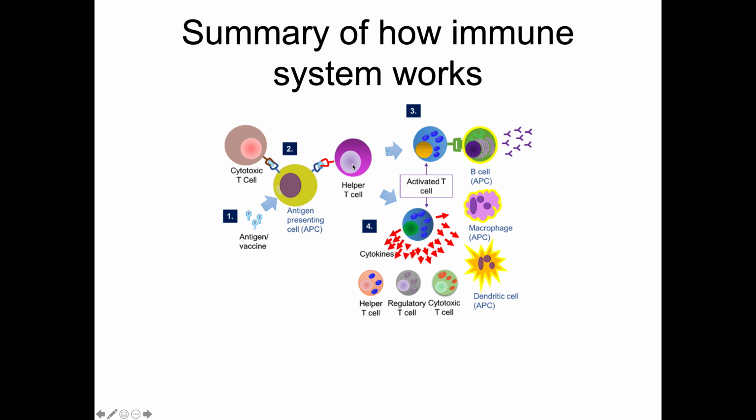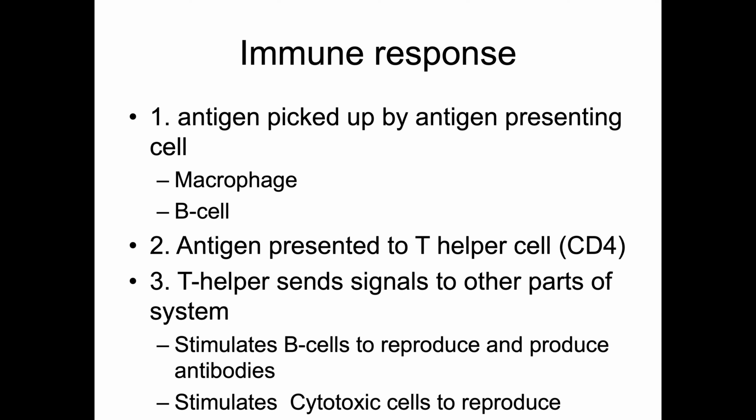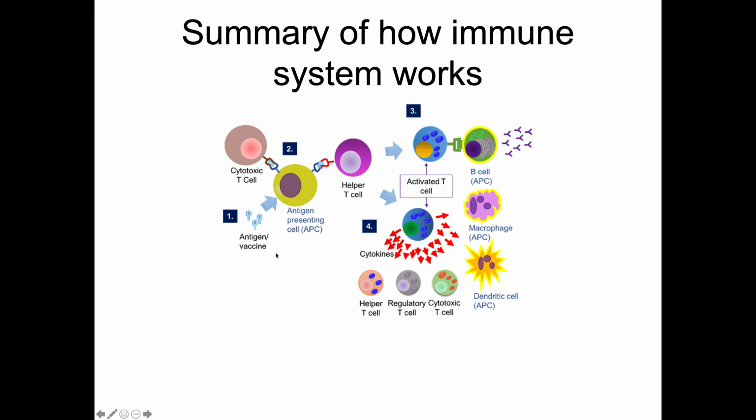It's kind of like the Paul Revere, if you will, of the immune system, because what the T helper cell does is it sends signals, hormones basically, to other parts of the system. It stimulates what are called B cells to reproduce and make antibodies. It stimulates cytotoxic cells, so cyto means cell, toxic, to kill, right? It stimulates these cells to reproduce and basically sounds the alarm.